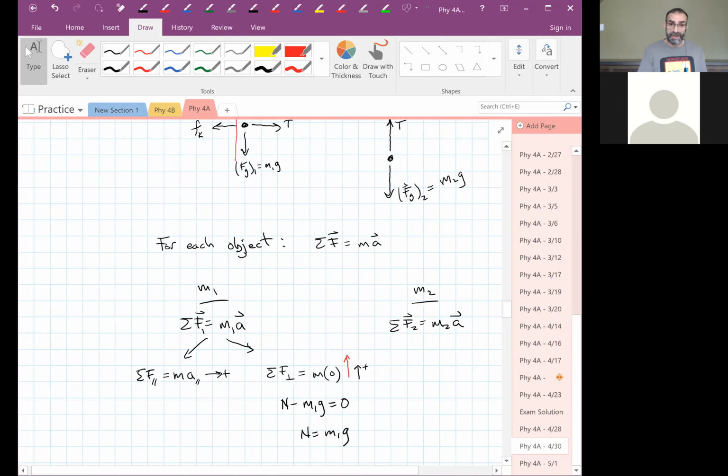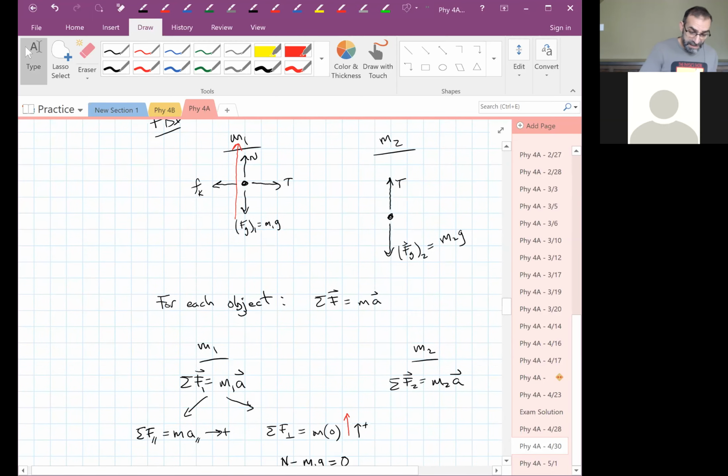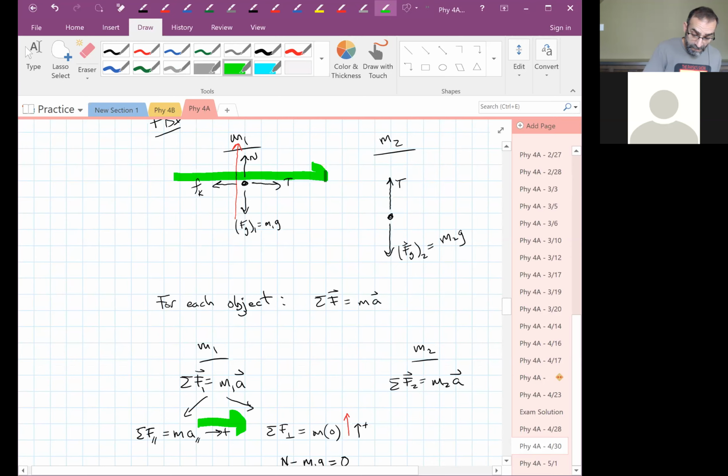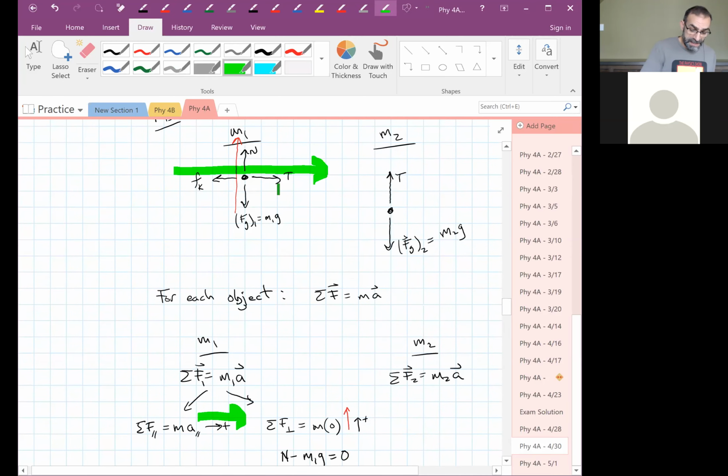Let's go back and look at our parallel direction. What's happening in the direction of motion? And we have one force that's in the positive direction, that's tension, and one force that's in the negative direction, that's kinetic friction.